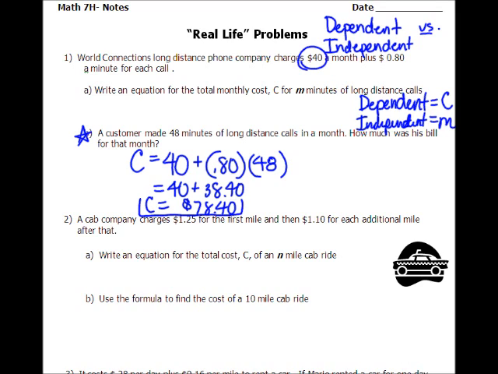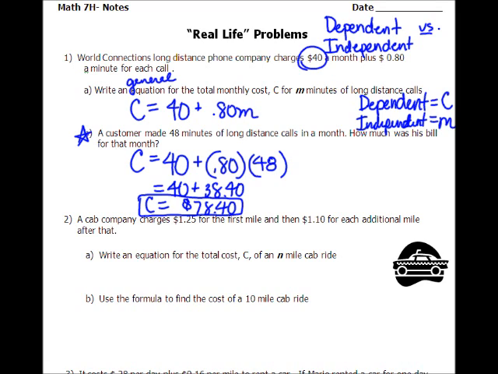Okay? Now, if I want to write a general equation, this is what this wants. It wants a general equation for the total monthly cost. So think if you might be able to create something like that. What would it look like? Well, we're going to have the same cost, and no matter what, it's $40. But it's 80 cents per minute.